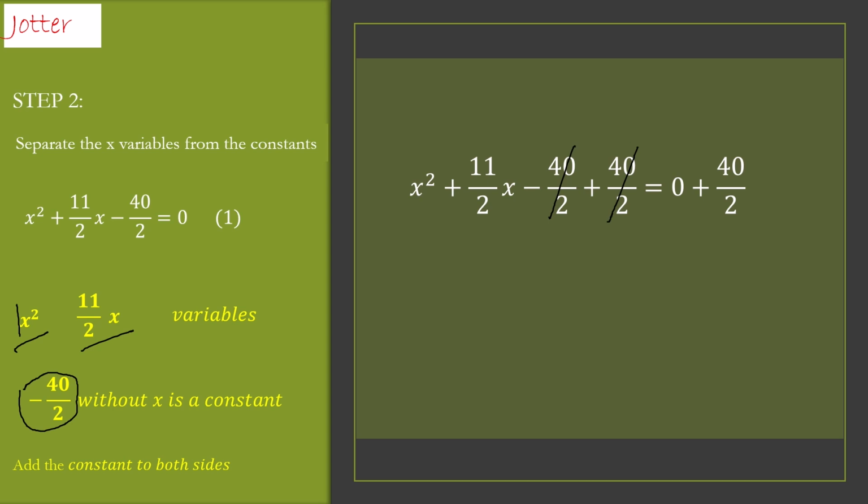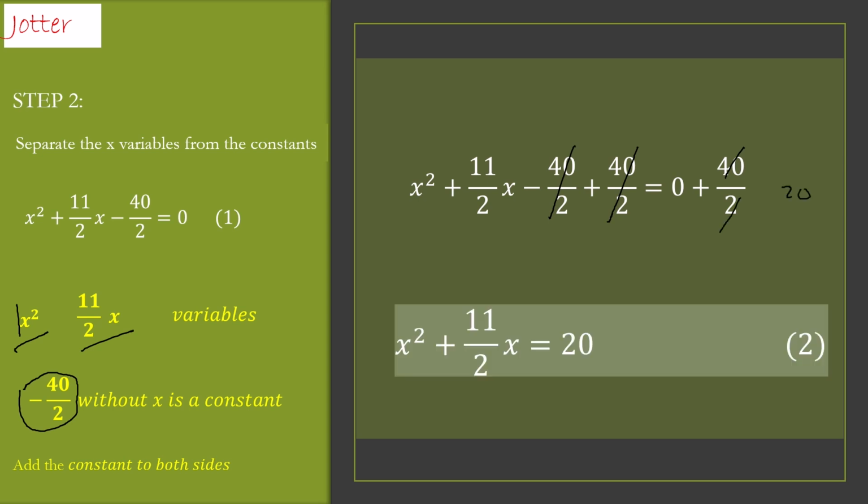And then 40 over 2 here will give us 20. And so our expression becomes x squared plus 11 over 2x equals 20. And we'll take this as equation 2.